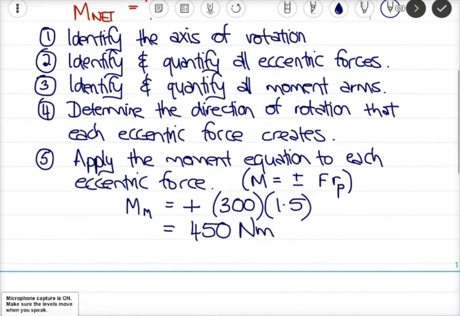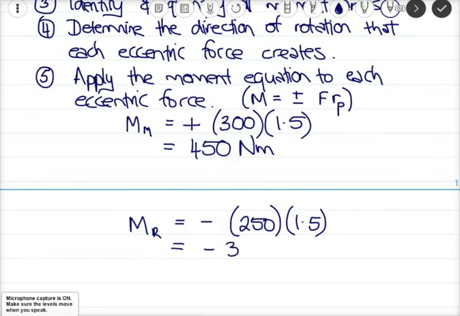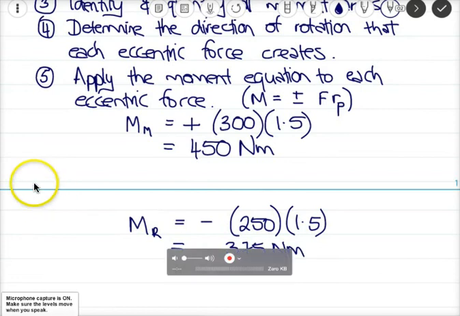Repeating the process for Rose, the moment due to Rose is negative because she's pulling the seesaw in a clockwise direction. Her force is 250, and her moment arm is also 1.5. So that comes out to be minus 375 Newton meters.